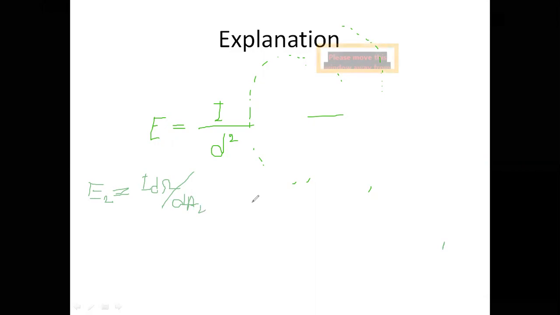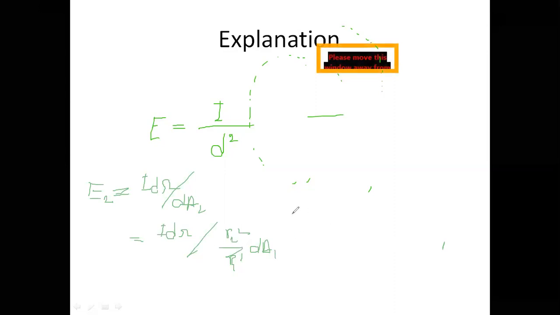Putting dA2 as R2 square by R1 square into dA1, we get I d omega by R2 square by R1 square into dA1, because in equation 2 we got this.